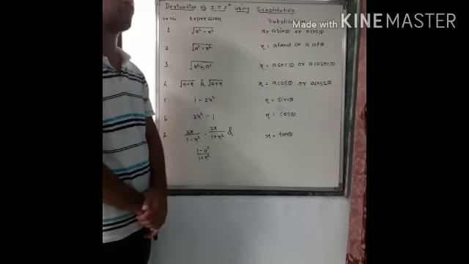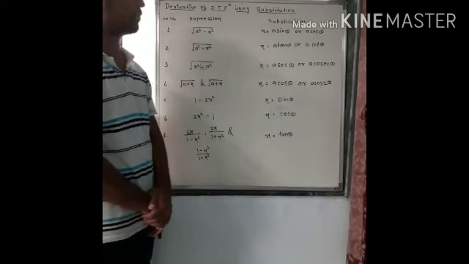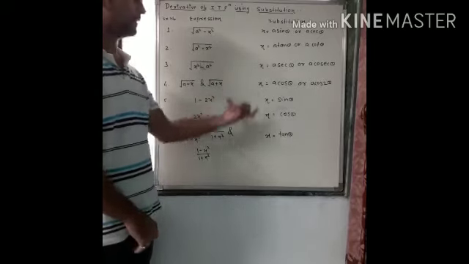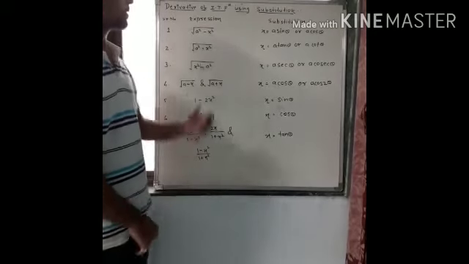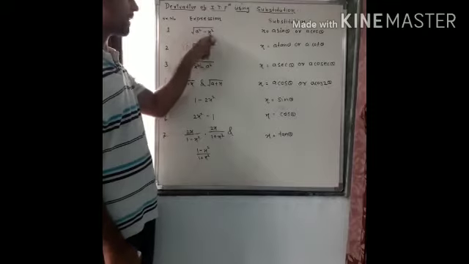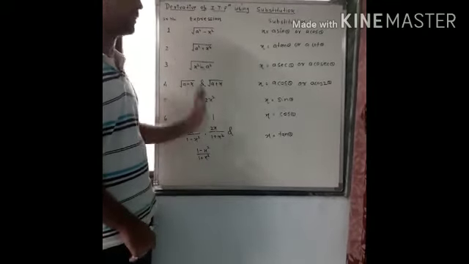So what are the substitutions? When can we use this substitution method and what are the conditions to use this substitution? So we'll see those conditions and their substitutions in this chart. Suppose you have an expression in the form of root a square minus x square. A will be any constant number in all these formulas.